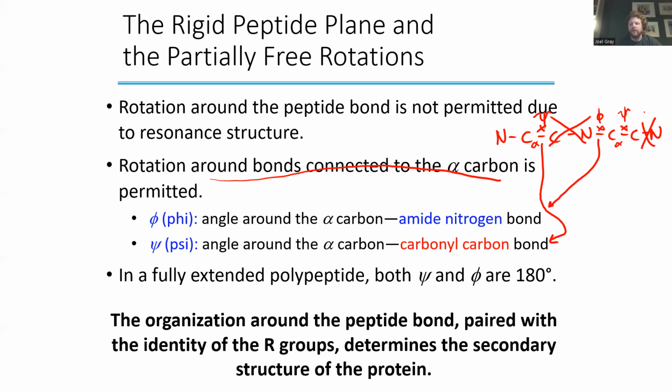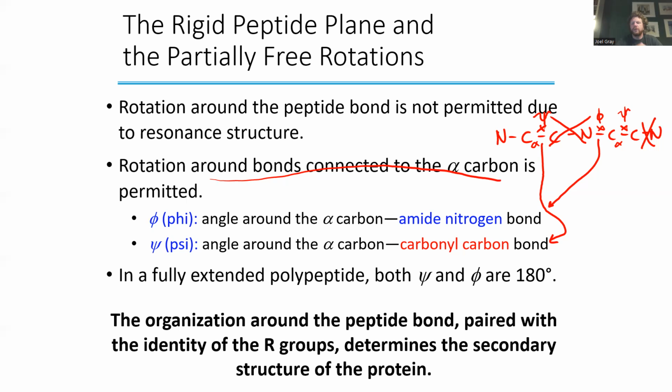Now, the organization around that peptide bond paired with the identity of the R groups determines the secondary structure of the protein. Keeping in mind, one of the things that I said about what stabilizes the secondary structure was that backbone hydrogen bond interactions stabilize the secondary structure, and I stand by that. Now, with that in mind, do R groups influence structure of a protein?